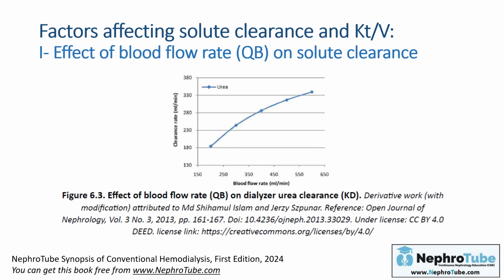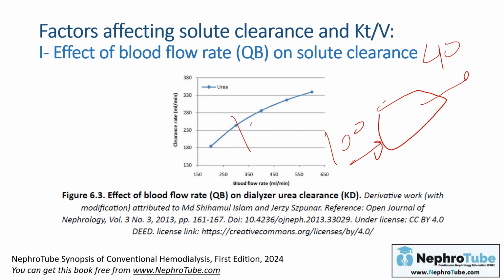So for example, if the dialyzer inlet blood urea is 100 and the outlet blood urea is 40, let's draw it. If this is the dialyzer, the blood urea entering is 100 and the outflow is 40, and the blood flow is 100, okay, so about 60 ml of blood is cleared of urea.